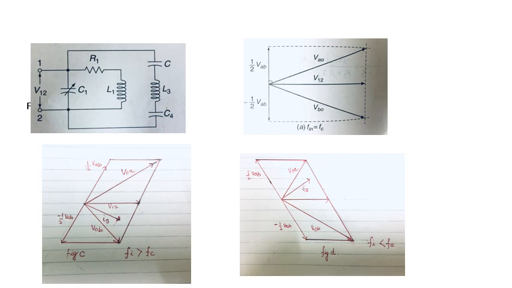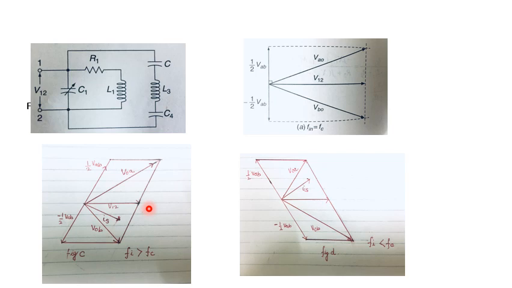We know that in any circuit which contains inductance, resistance and capacitance, when the frequency of the signal is greater than the resonant frequency, then the inductive reactance is greater than the capacitive reactance.